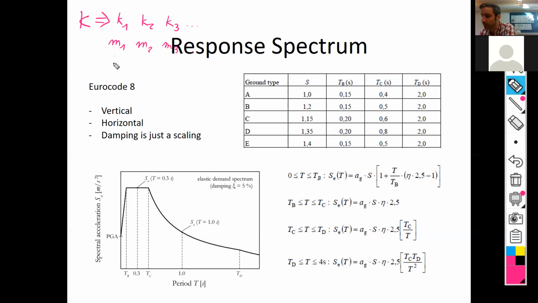And then for each one of them, you'd have to calculate a period and a response. That's how it's done for a structure with more degrees of freedom.